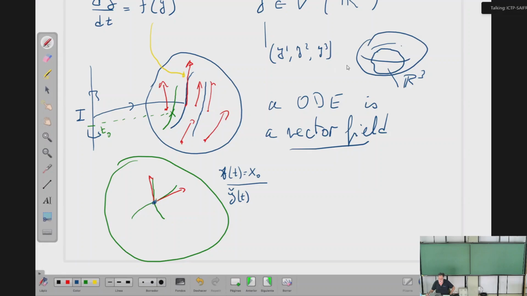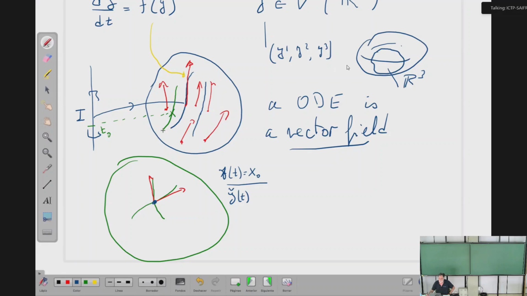A solution that is here standing, and the same for this. But if the vector field is different from 0, the solutions are unique, because I cannot have the vector field pointing in two directions, right? So this is a very important consequence of this theorem. So basically, at every point, I have a unique solution.